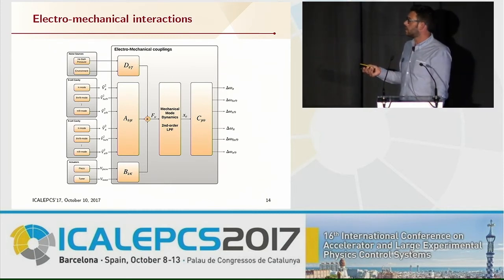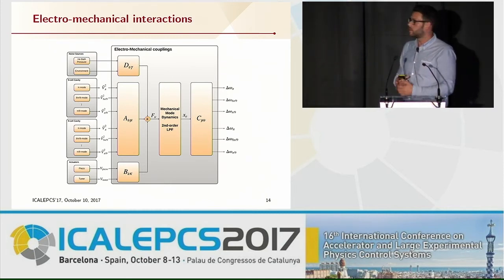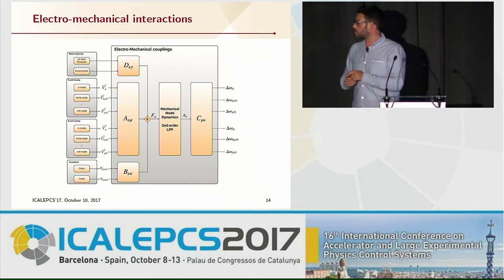We have the energy stored in these different eigenmodes for each cavity, and then they exert a force that is proportional to the square root of the voltage.